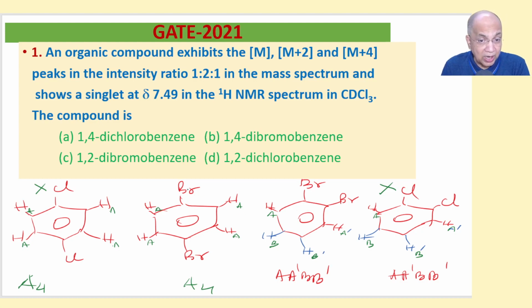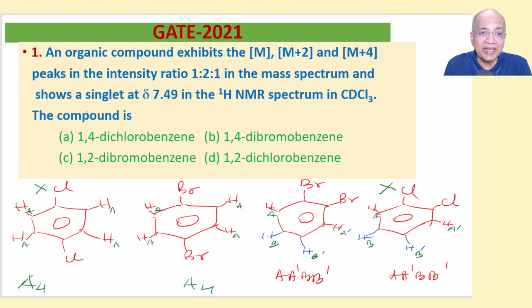If it is para dibromo, all these 4 hydrogen atoms are equivalent. These 2 are interchangeable by symmetry operation, so also these 2, and so also these 2 by mirror plane. So all the 4 atoms have identical chemical environment, and they will give a sharp singlet, a 4 proton singlet.